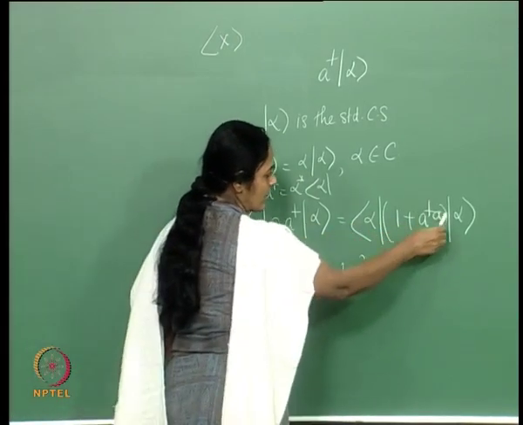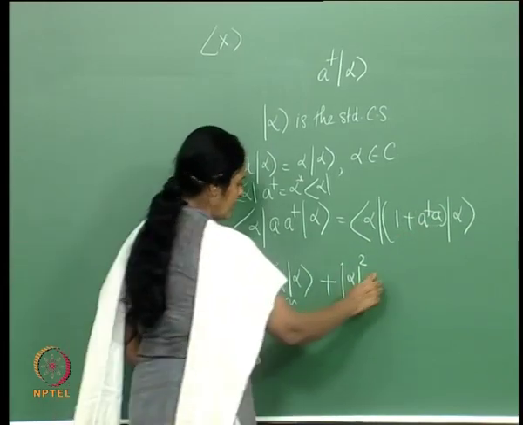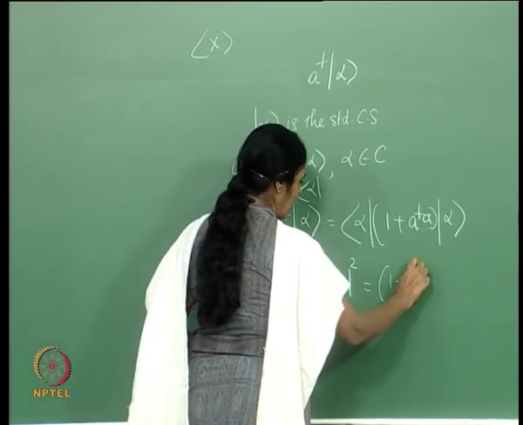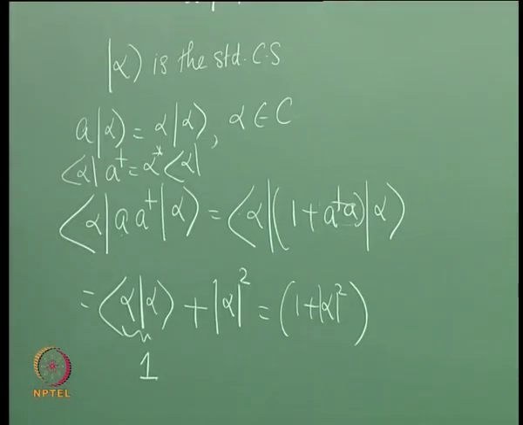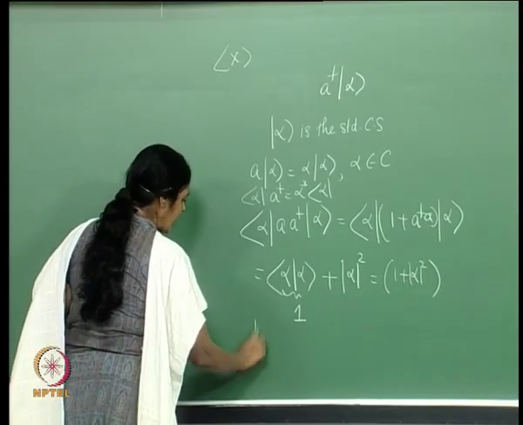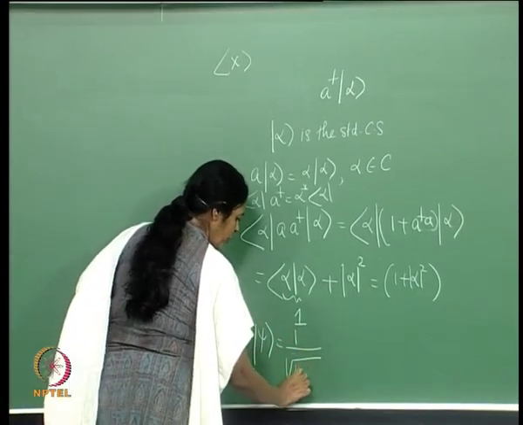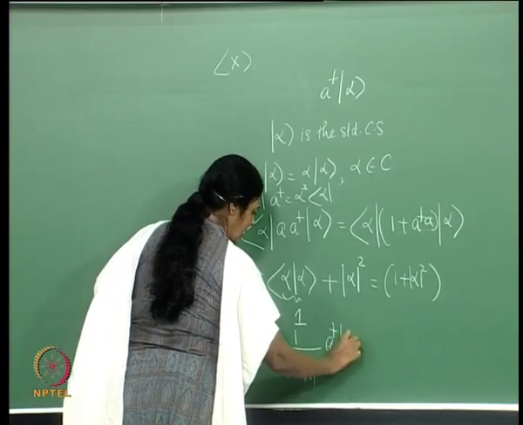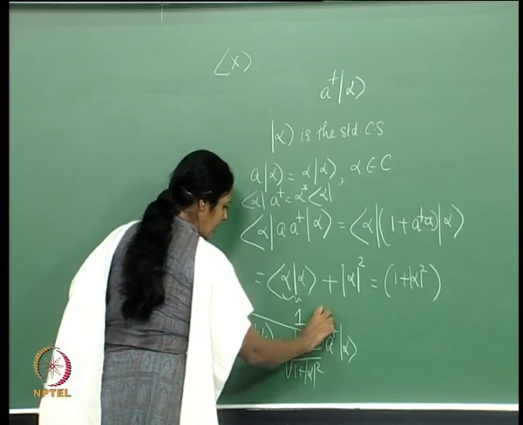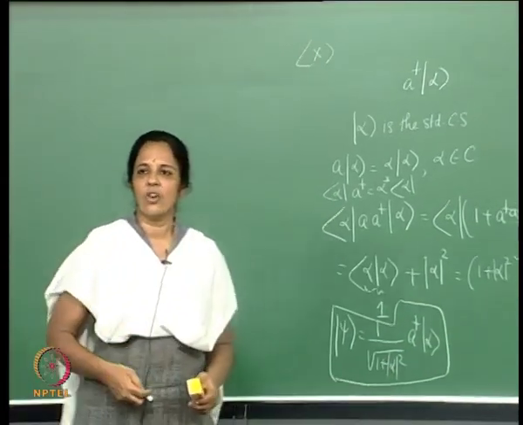That comes from the expectation value of A dagger A in the state alpha. So, this object is just 1 plus mod alpha squared, and therefore, the state psi, which is 1 by root of 1 plus mod alpha squared times A dagger on ket alpha, you can easily check is a normalized state.